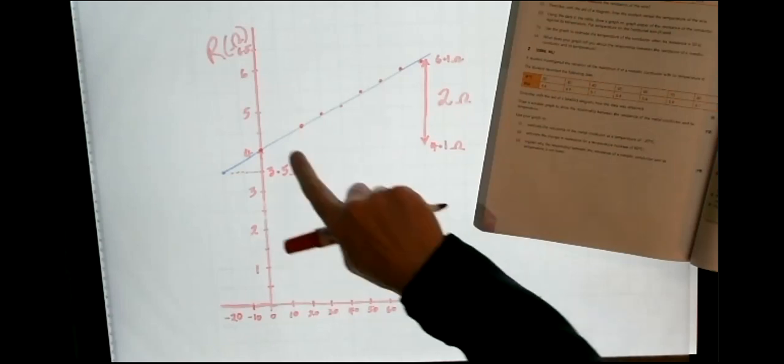Part 3, explain why the relationship between the resistance of a metallic conductor and its temperature is not linear. Now, in the graph on short temperature it's linear, but then it's not linear.